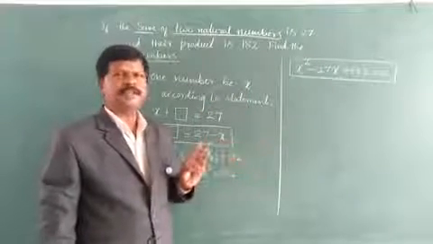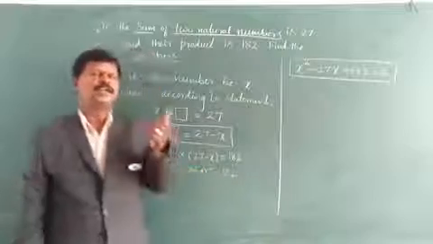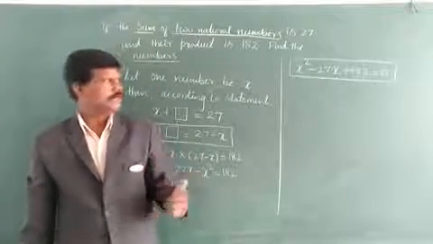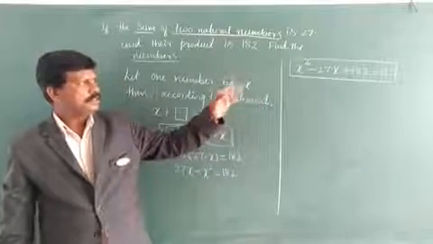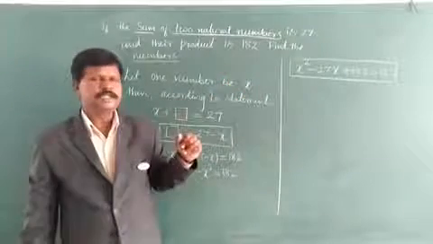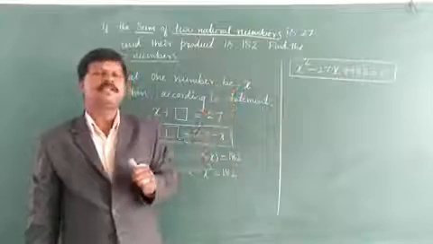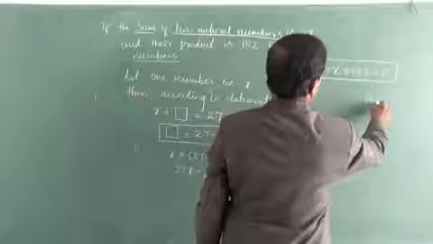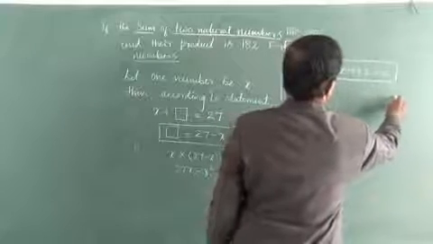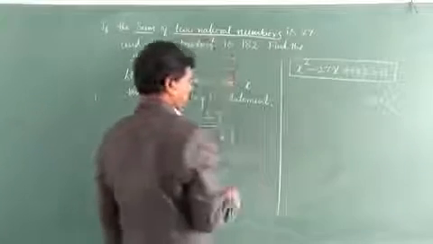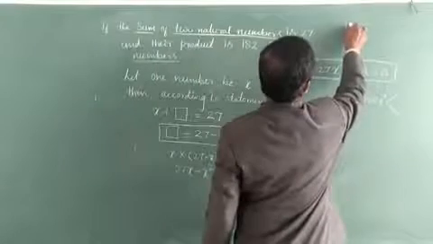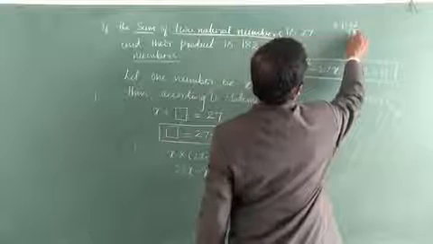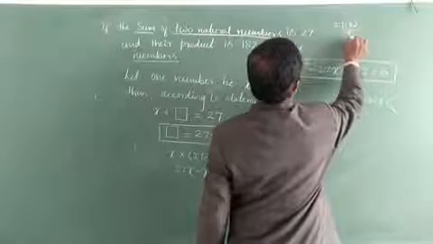You know the factorization method, the formula method and the completing square method. So here, see that the product is 182 and the sum is 27. 182: 2 nines are 18 and 2 ones are 2.